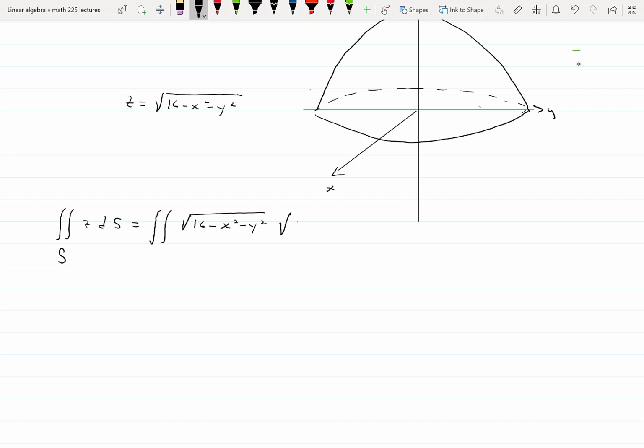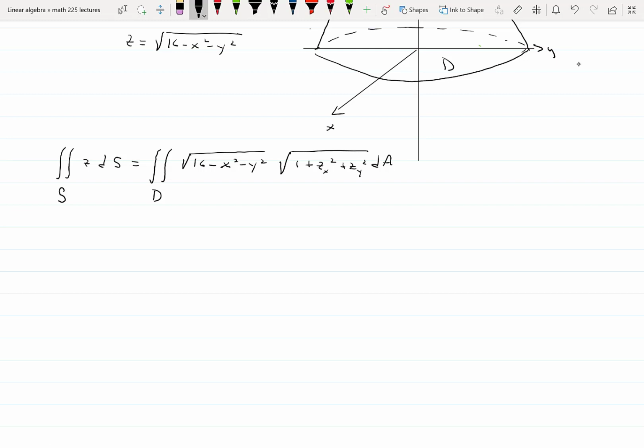ds was the square root of 1 plus g sub x squared plus g sub y squared. I'm going to use z's actually just to be even more explicit here. Z sub x squared plus z sub y squared dA, where we now integrate over the projection of this hemisphere into the xy plane, which is just the circle, which we'll get in a minute.